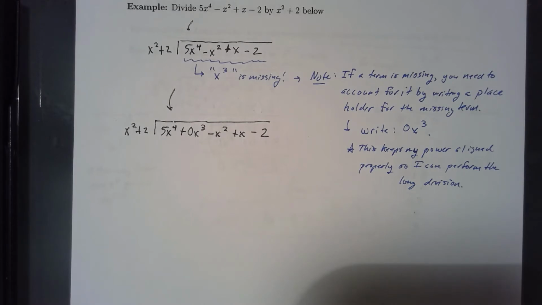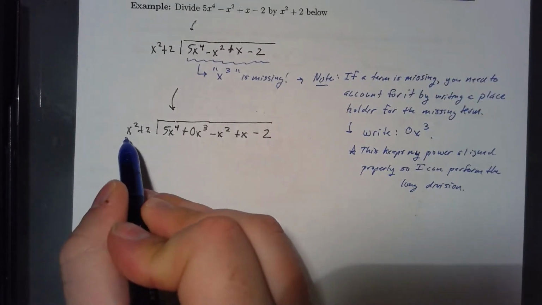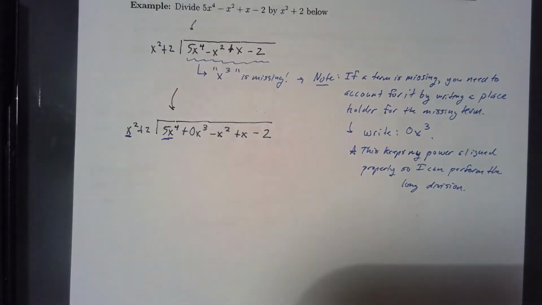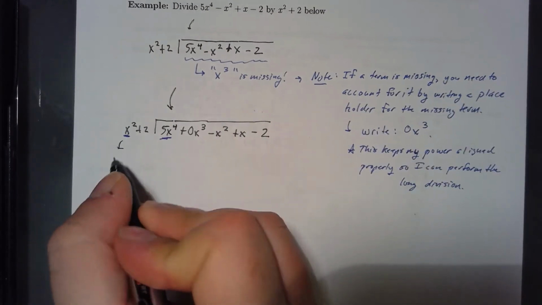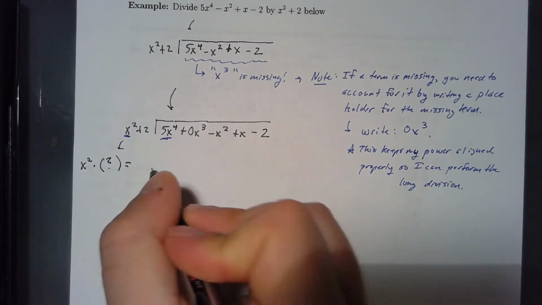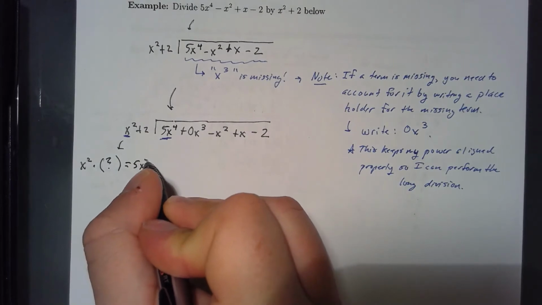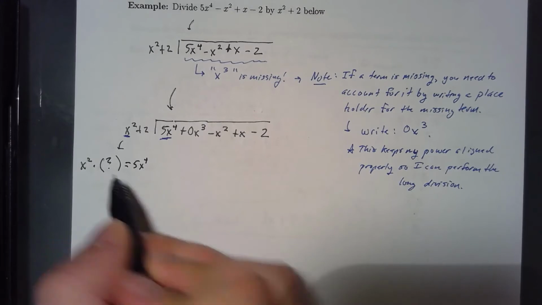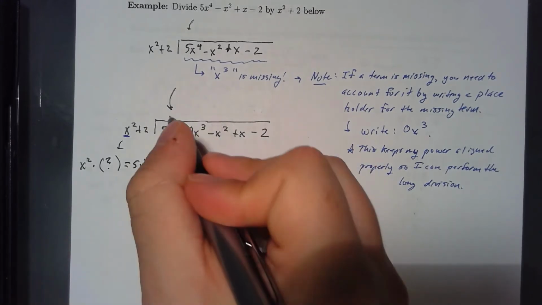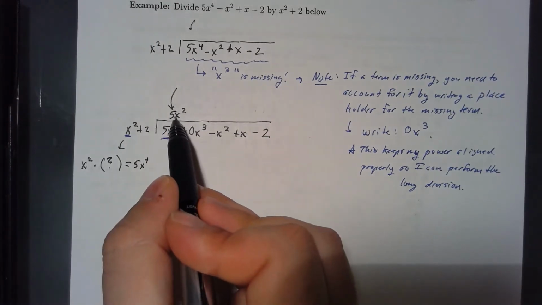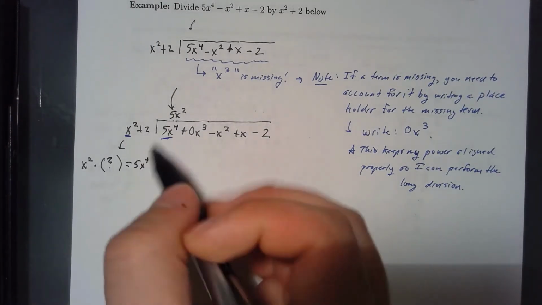Okay, now the long division process is the same. How many times does x squared go into 5x to the 4th? In other words, what's the missing factor? x squared times what gives me 5x to the 4th? Well, that's going to be 5x squared, right? 5x squared times x squared is 5x to the 4th.